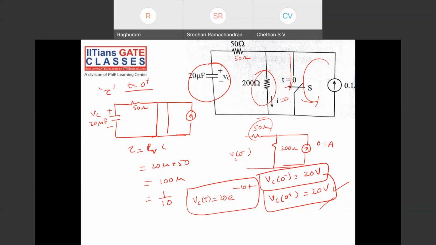I'm sorry. 10 milli. 10 into 10 power minus 3. 0.01, right? Let me see. Sorry, this is 1000. I'm sorry, this is 10 power minus 3, or 1000t. This will be 1000t. Okay, clear, right? Very good.